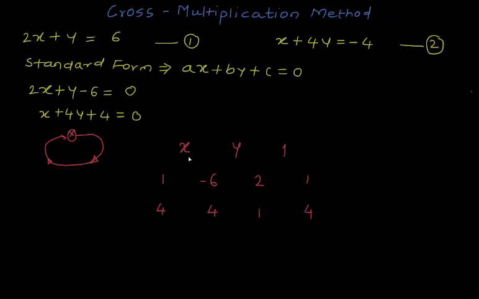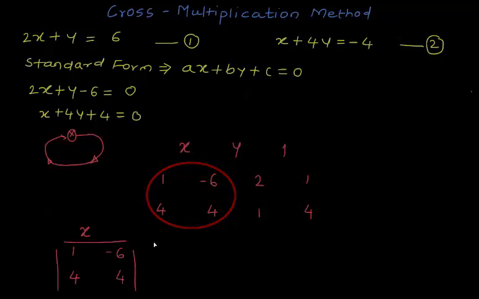Now this way we have created one diagram. If you see, x has coefficients other than its own term. So x has coefficients 1 and 4, that is of y and the constant term. Similarly, y has coefficients other than y, and the constant term has coefficients of x and y. Now in the second step, we have to write down the terms. So x has the pair of coefficients 1, 4, minus 6 and 4.